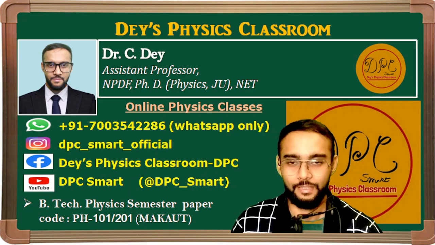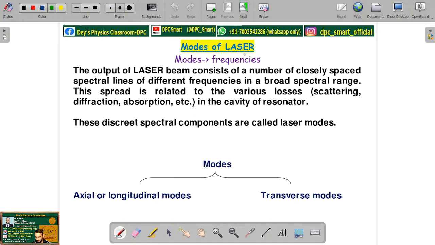So let us enter the class. Now what are the modes of lasers? Here modes means frequency. The output of the laser consists of a number of closely spaced spectral lines and they have different frequencies. Though the desired output should be a single frequency, due to some losses within the laser we get a spectral band of frequency.